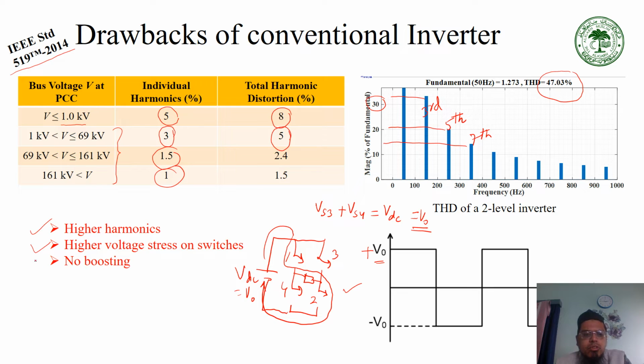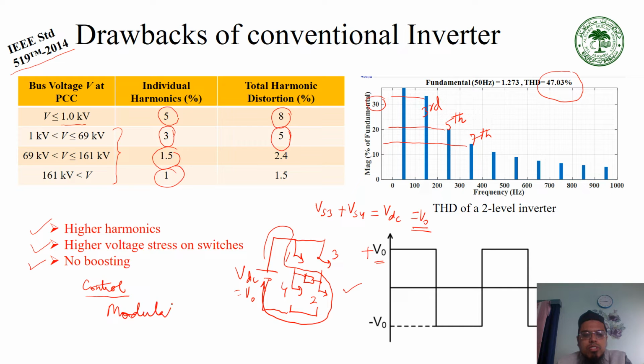Similarly, no boosting feature is available in case of two-level inverter. You know that we have to employ some control strategy to control the output voltage of the inverter, because most of the applications require some controlling mechanism in the output voltage. So we employ some modulation schemes.